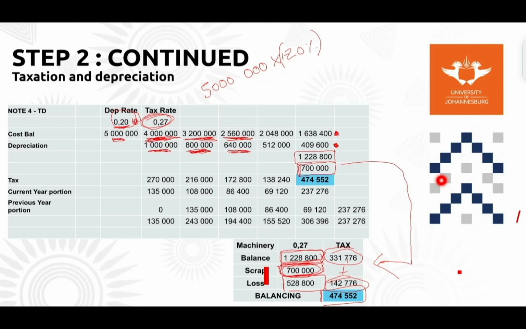And then how do you get the tax for the others is basically you take your depreciation and you multiply it by the tax amount.